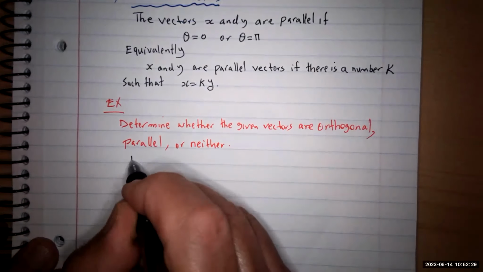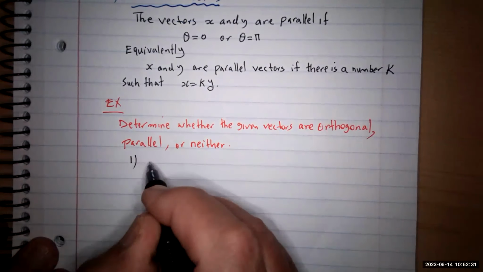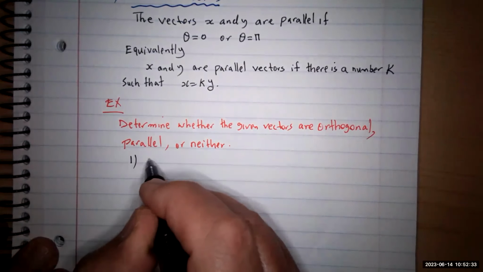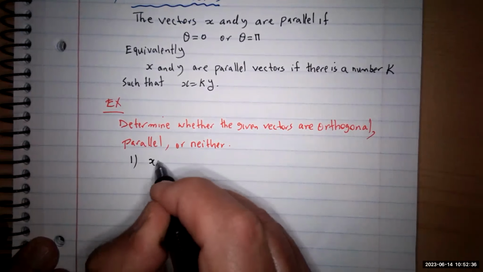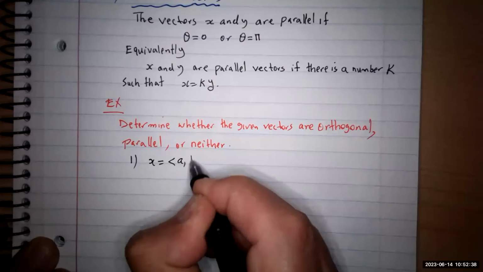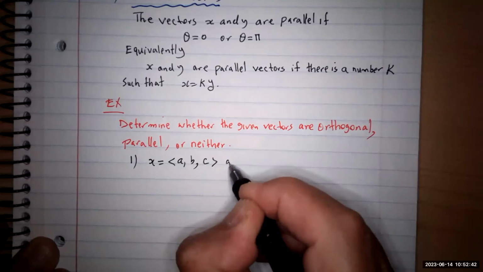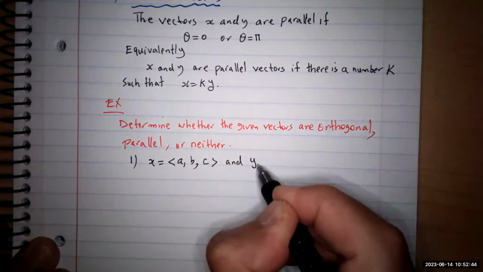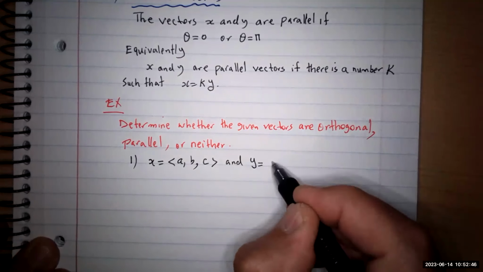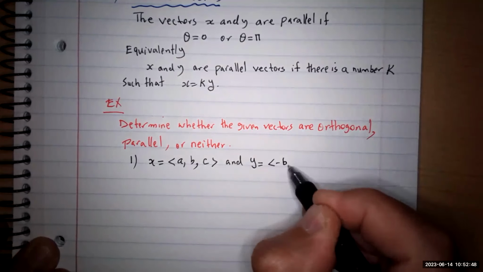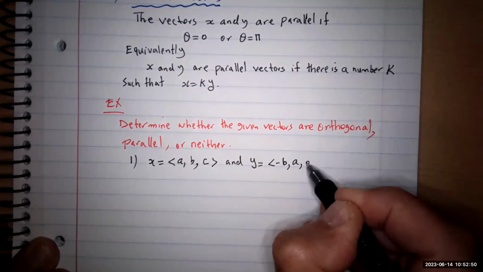The first one, for example: x is given as (a, b, c), and y is equal to (negative b, a, 0).